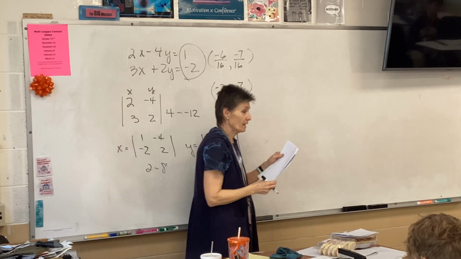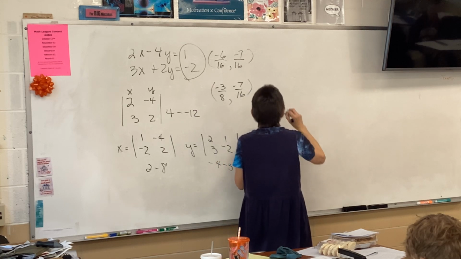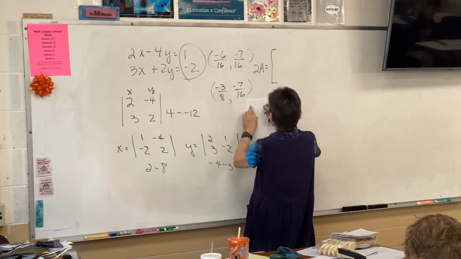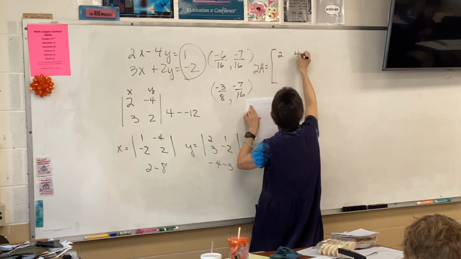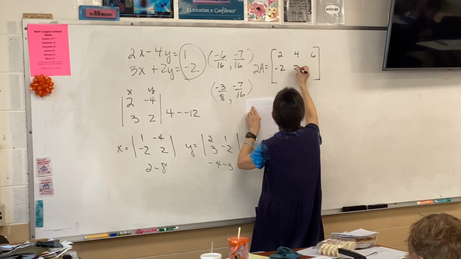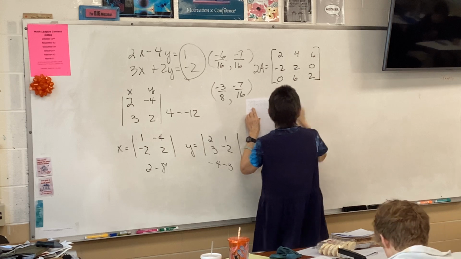So let's look at letter A. Can we do 2A? Yep, we sure can, and 2A will just be 2, 4, 6, -2, 2, 0, 0, 6, 2.